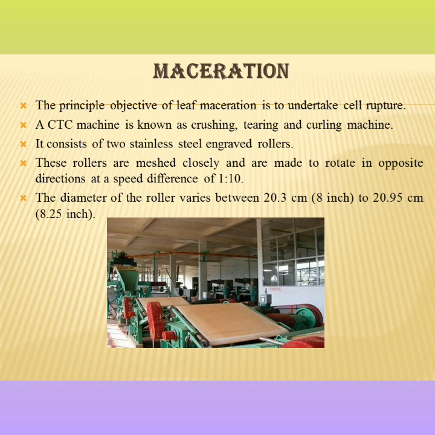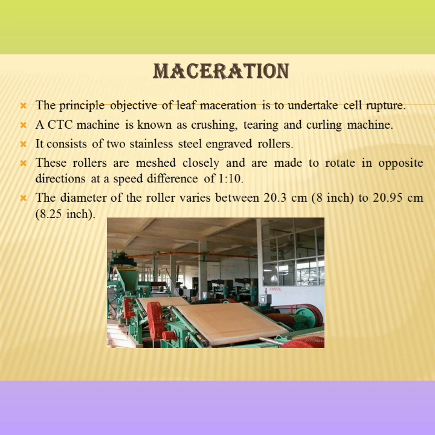The main principal objective of the leaf macerator is to cause self-rupture, so that whatever chemicals are inside the leaves will come out. The CTC machine, as I told, is the crushing, tearing and curling machine, and it consists of two stainless steel grooved rollers. These rollers are matched closely and are made to rotate in opposite directions at a speed ratio of 1:10.